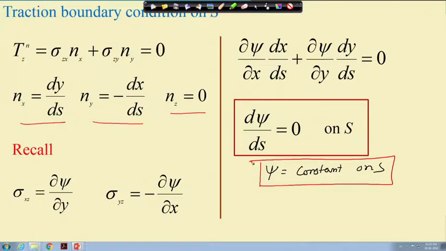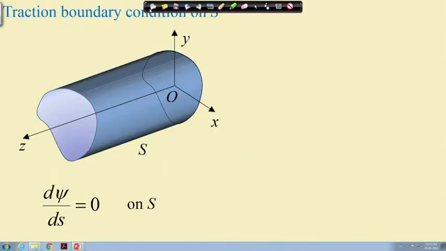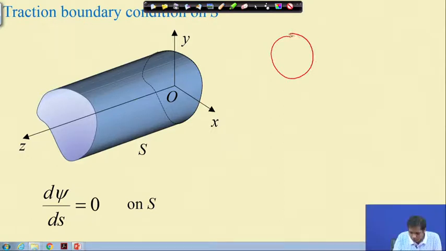Just to give you an example, suppose we have a circular domain of radius a. What is the equation of this circle? It is x square plus y square is equal to a square. Let us assume psi is equal to x square plus y square minus a square.